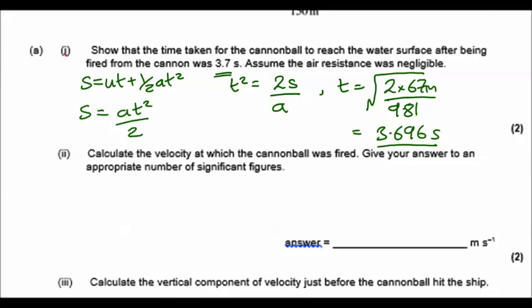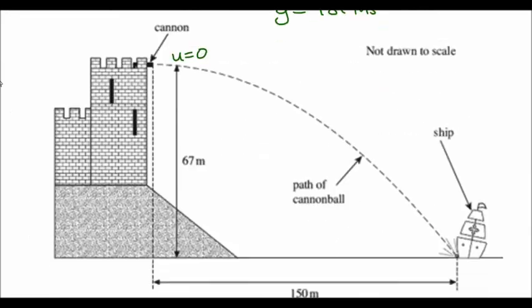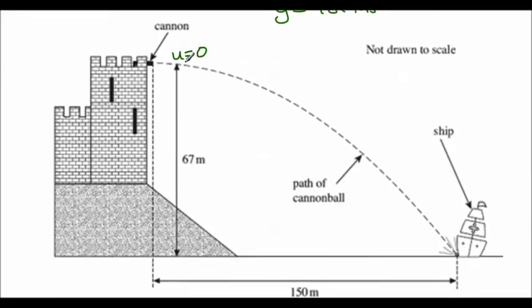Right, now next bit, calculate the velocity at which the cannonball was fired. In this case, u vertical was 0, but we don't know what u horizontal is. But we do know that the distance horizontal was 150 meters, and this is an unchanging speed.